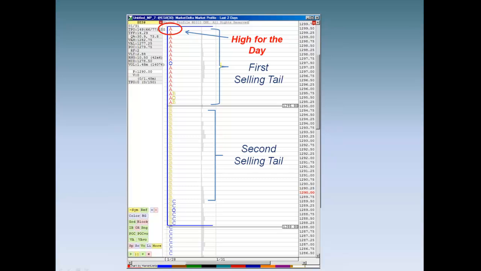And so now that we have the first selling tail and the second selling tail, we know with a very high degree of confidence that we've put in our high for the day. And then you should be comfortable taking shorts during the rest of the day, unless really things make a dramatic change, then you may reevaluate and reassess.